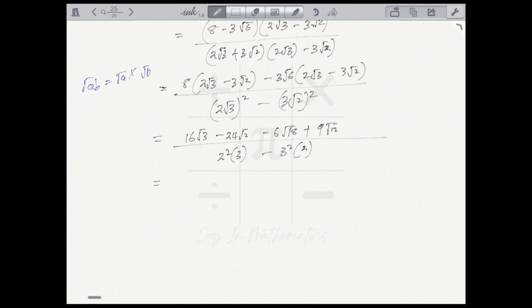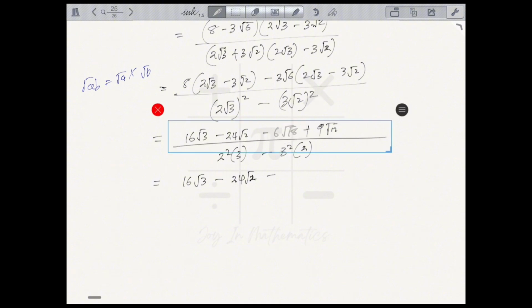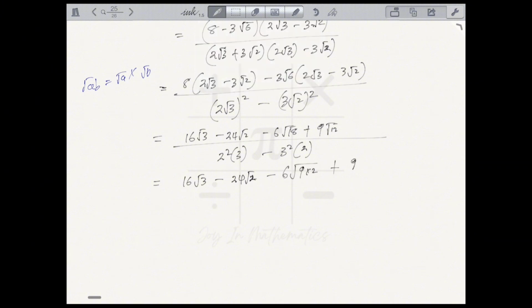So simplifying further now, we will have 16 root 3 minus 24 root 2. Now we have to convert this to a form that is compatible, so we reduce this to a basic form. So this will be 6 multiplied by 9 times 2, and likewise we reduce 9 root 12 to a basic form of 4 times 3.